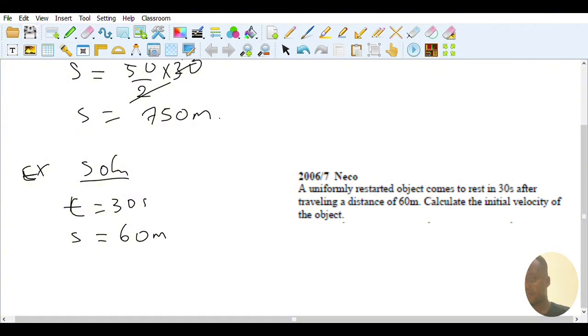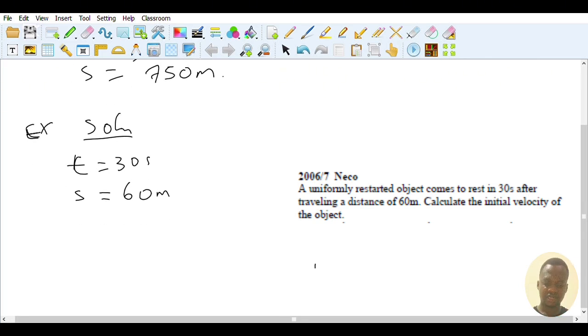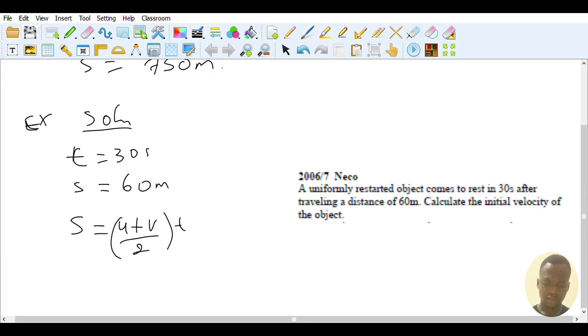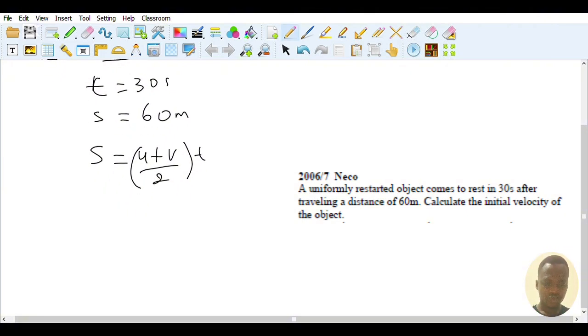Calculate the initial velocity. So we're looking for one of the equations that connect distance to velocity. Okay, if we use s is equal to u plus v over 2, times t. Okay, u plus v over 2 times t. We know that the final velocity is 0 because it was brought to rest.